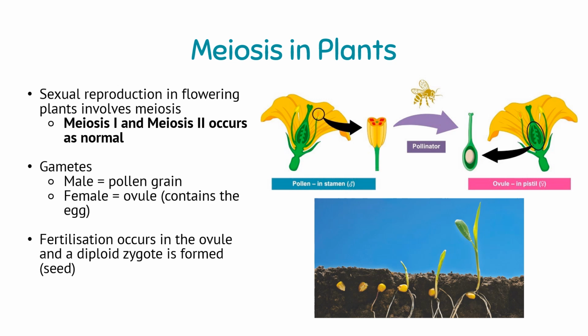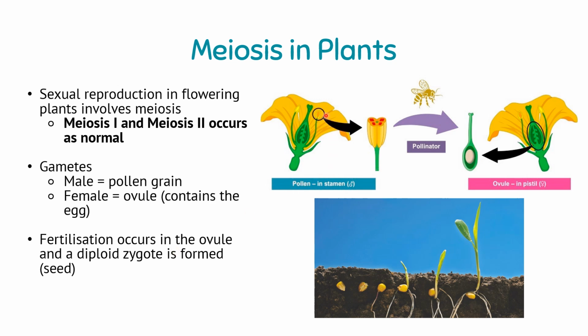Fertilization occurs in the ovule, and a diploid zygote, so a zygote is a fertilized egg, is formed, which is a seed. This is what we know as seeds. So seeds are the zygotes, or the product of sexual reproduction in plants.